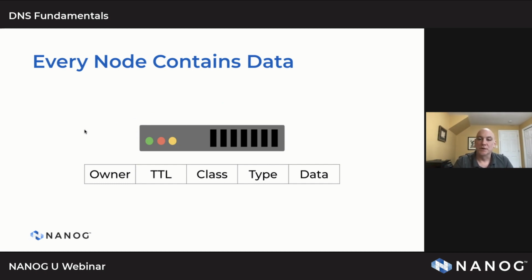And then the data portion in the node is exactly that. It's the data, right? So if I'm adding www.isc.org, then I'm going to add something in the data that's my web server for that entry, right? So something like 149.20 blah blah blah, something, right? An IPv4 address. Okay.